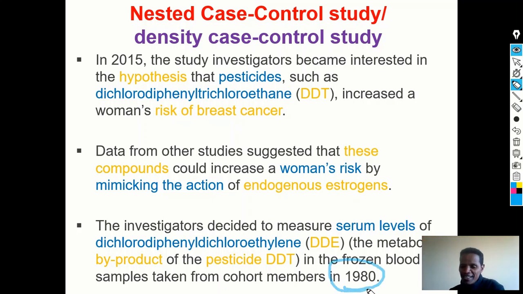You see, the frozen sample was kept in 1980, and they planned to use it after 35 years to measure the DDE level within the blood of the individuals, and to measure the association of this DDE level, high and low, with the breast cancer status of the female teachers.